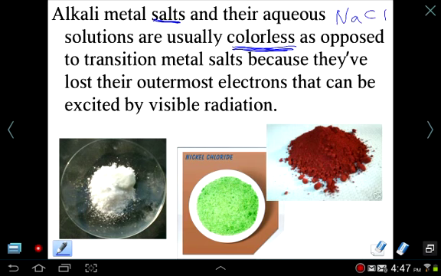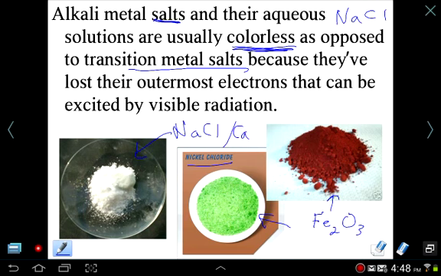Their transition metal salts are actually colored. In fact, here you see this is nickel chloride. This is nice and colored. This one here is actually iron oxide, Fe2O3, iron 3 oxide, and this one is your good old sodium chloride, or you can substitute it for calcium iodide, really any substance, but they'll be colorless.